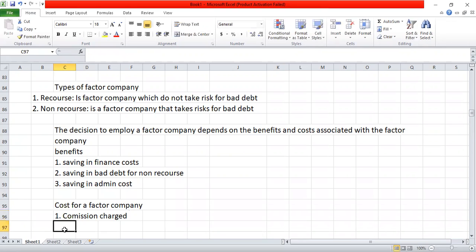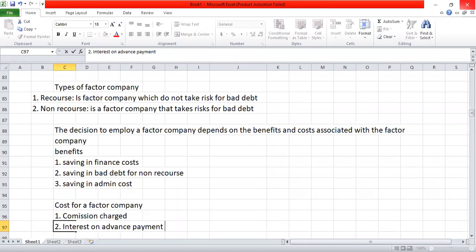You can also have, because factor company, they make an advance payment on the receivables. So when they give you an advance payment, they are going to charge interest. So you'll have an interest on advance payment because they give you some money.